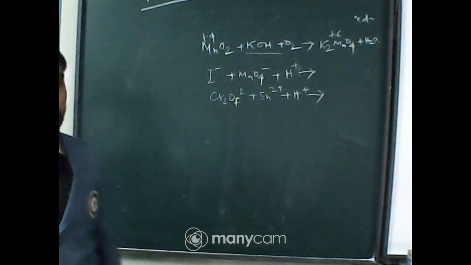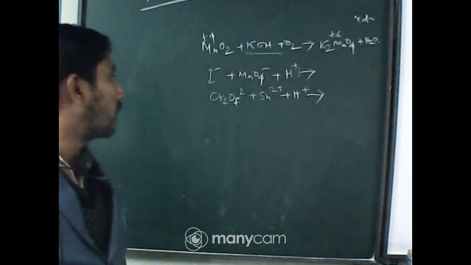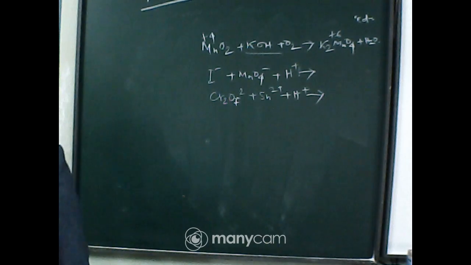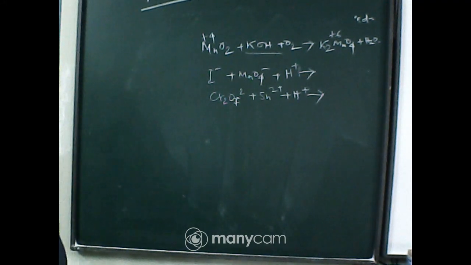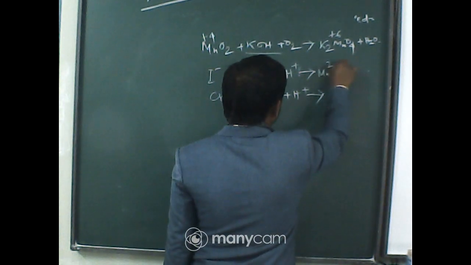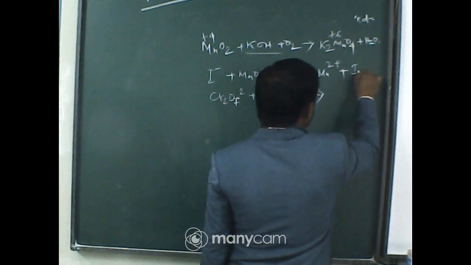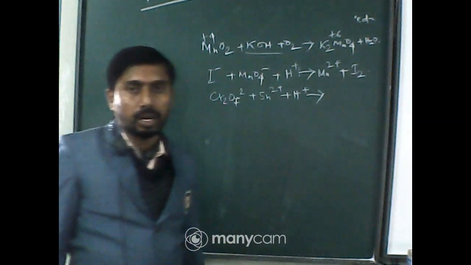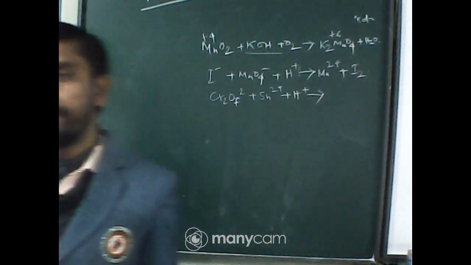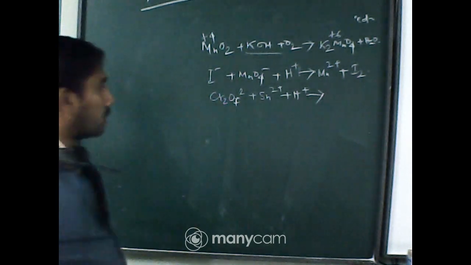Next one, I minus plus MnO4 minus plus H plus. If we take KI solution and MnO4 minus and H plus, then there is formation of Mn2 plus, and I minus will be converted to iodine, that is the color of the solution will be deep purple, the color of iodine, and the byproduct is H2O.